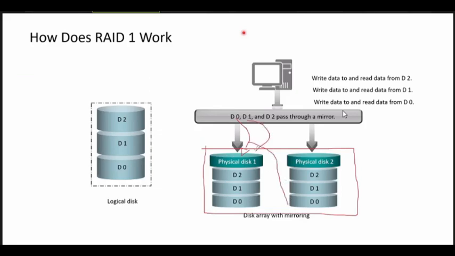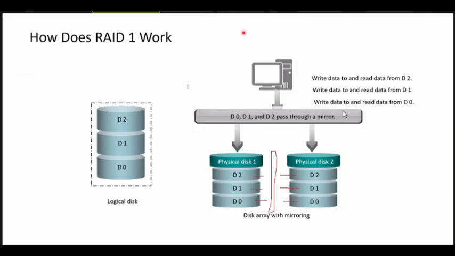Whatever data you save once again into disk 1, you save into disk 2. So these 2 disks are a mirror of each other, like looking at a mirror, right? Data here is exactly the same as data here.